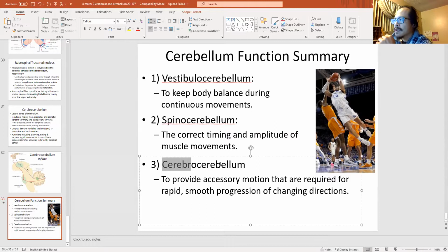And we also have the cerebral cerebellum to provide the necessary motion, right? So in a situation that is not well planned, but that's the thing that you plan to do for the next move, right?